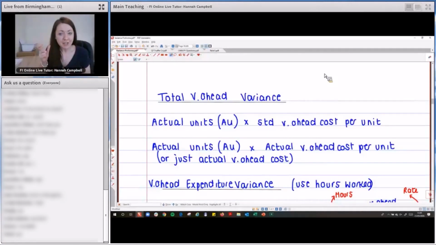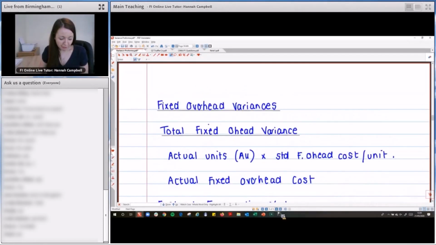It's just the rate you use is variable overhead and not your labour rate per hour. And then there are your fixed overhead variances, but at PM level, they tend to be tested less. The AAT and anybody that's doing management accounting or P1, they might be examined a bit more frequently, but by the time you get to PM, we don't focus too much on fixed overhead variances.